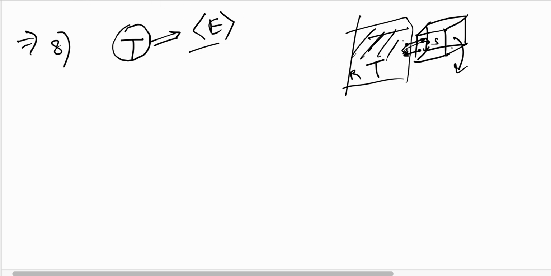Now what is the connection between temperature and entropy? Entropy means, in some sense, the total number of microstates, right? And temperature means the average energy.